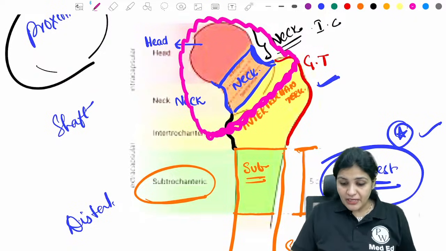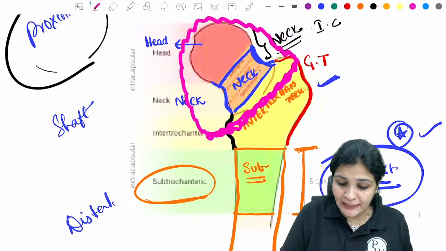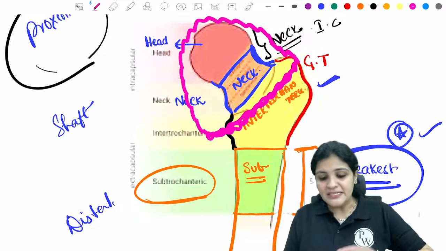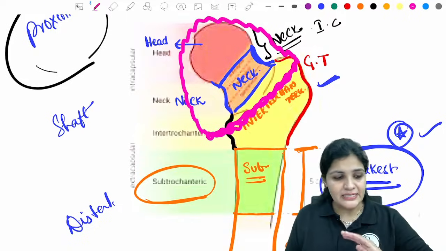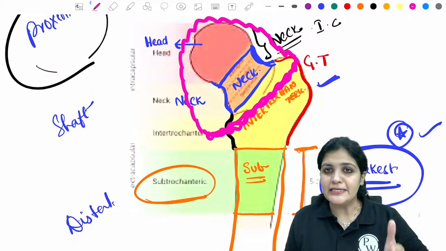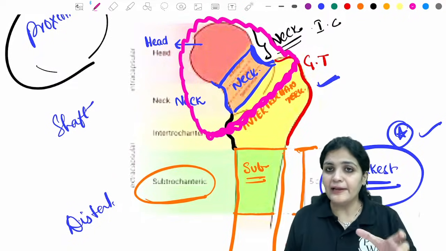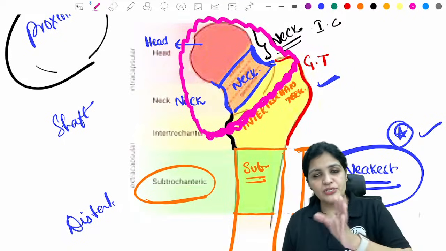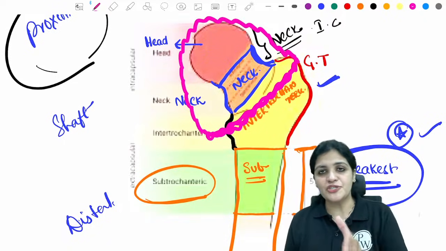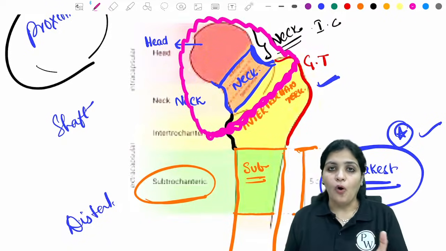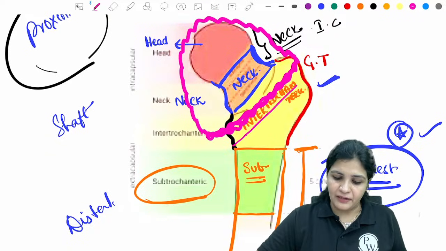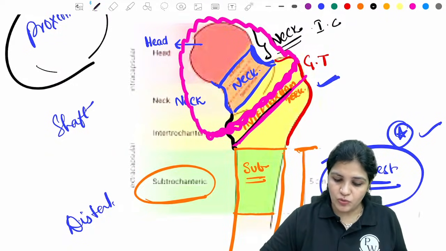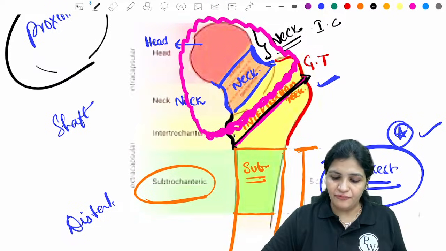So whenever you see the fracture happening at the neck, that means it is inside the capsule, hence it is called an intracapsular fracture, and which is outside the capsule is called the extracapsular fracture or the intertrochanteric fracture. So this fracture between two trochanters is called your IT fracture.